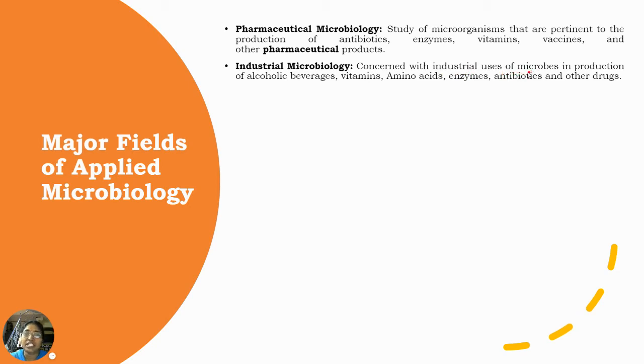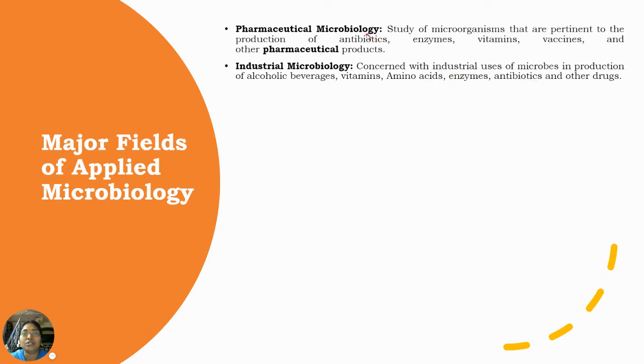We are using certain microorganisms in industry for the production of alcoholic beverages like wine, beer, rum, gin, etc. All these alcoholic beverages can be produced by using microorganisms, and also vitamins, amino acids, enzymes, antibiotics, and other drugs.